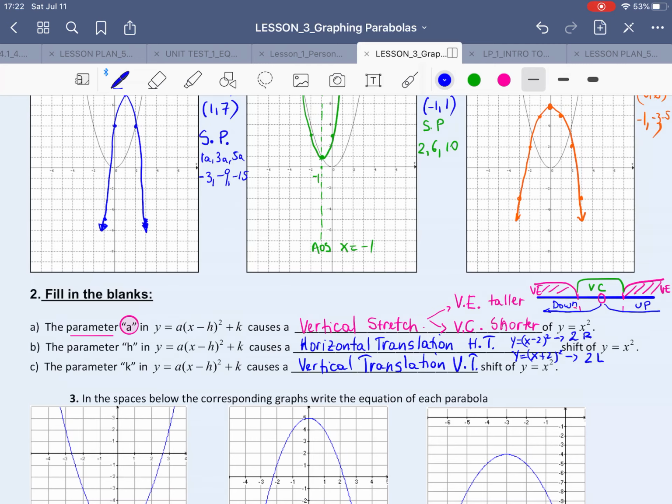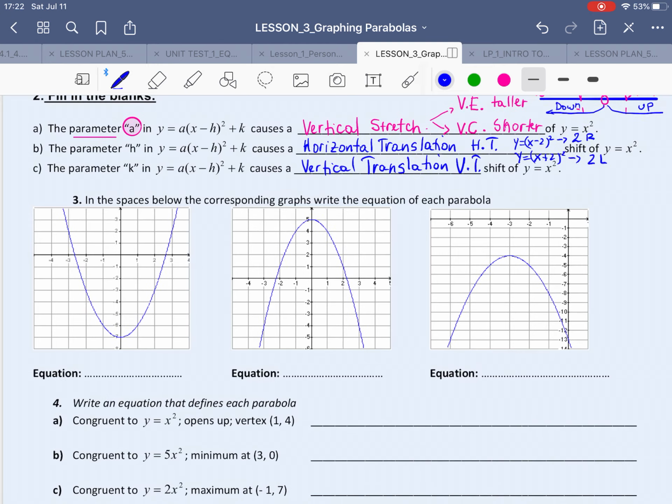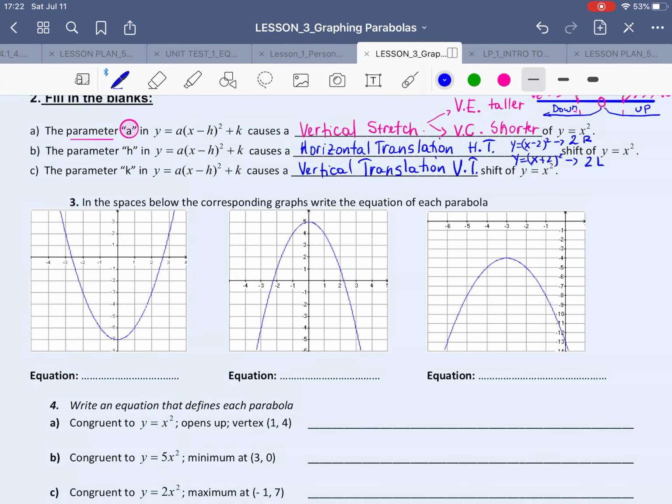And again, we're going to say that k positive will move the parabola up, k negative will move it down, okay? So the next questions that we are going to look at are some, I would say, kind of reverse problems. So we are given the graphs in here. We need to write the equations of each parabola. So let's get started with the first one.